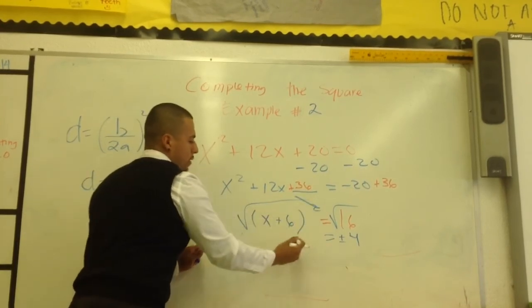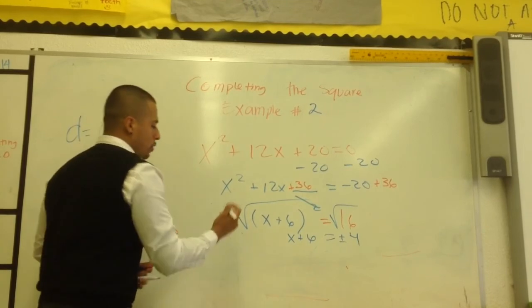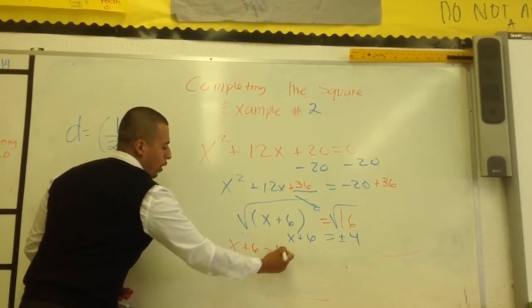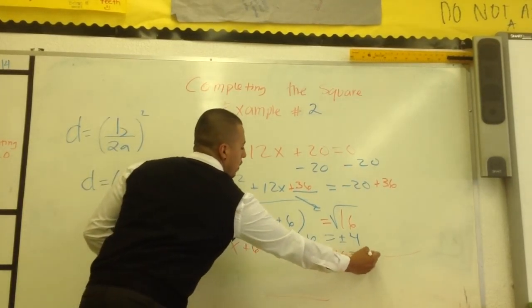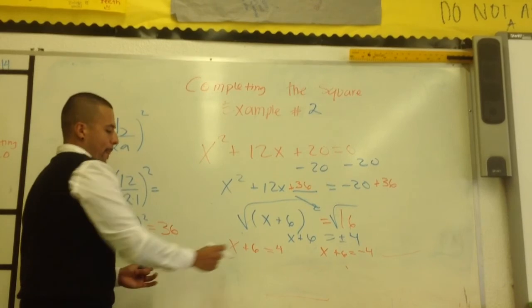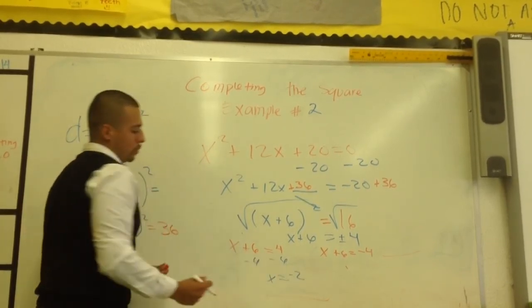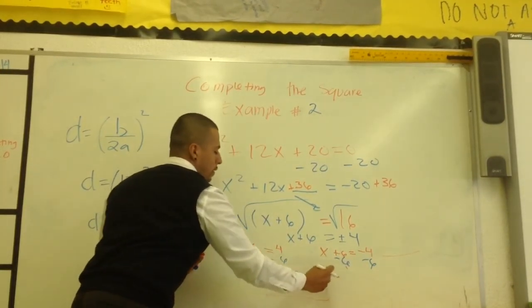And here these cancel. So now I can turn it into two separate problems. X plus 6 is equal to 4, and x plus 6 is equal to negative 4. Subtract 6. One of the answers is going to equal negative 2, and the other answer is going to equal negative 10.